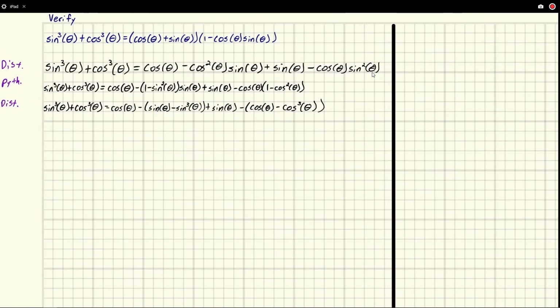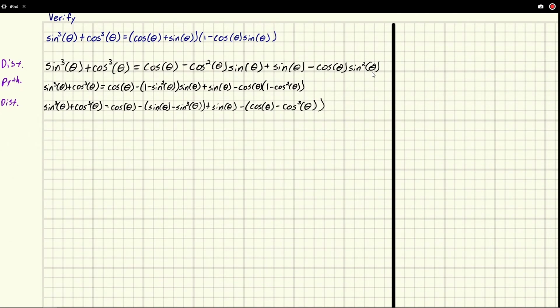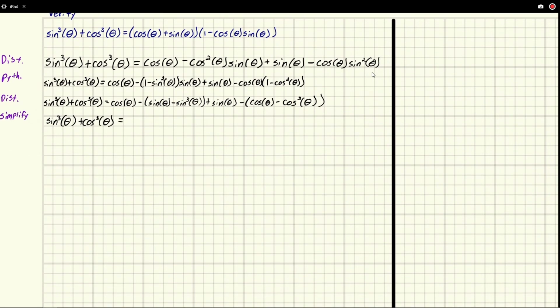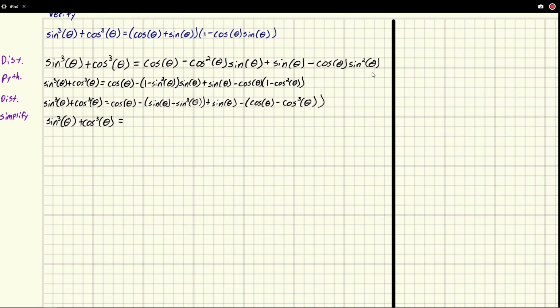All right, so from here, we can go ahead and say, technically there's another distribution step. I'm just going to leave that implied for the reader, which could be considered, if we want to be really, really rigorous, we would write every last thing down. But we're going to just go ahead and write simplify, combine, reduce, all those sorts of things. So we're going to have sine cubed theta plus cosine cubed theta is equal to, and when we distribute this sine, well, actually, let's distribute out here.